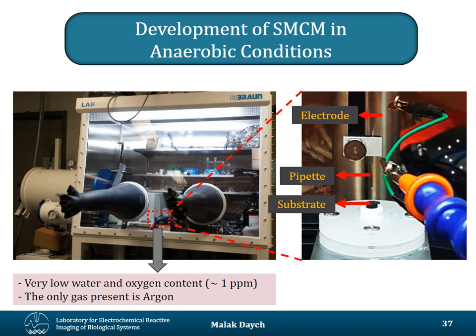It's pretty doable. You see on the left-hand side the glove box, and in the zoomed in area, you can see the small micropipette and the substrate where the battery particles were dispersed. I would say the hardest part of this type of experiment is learning to work with such delicate electrodes using the glove box gloves.